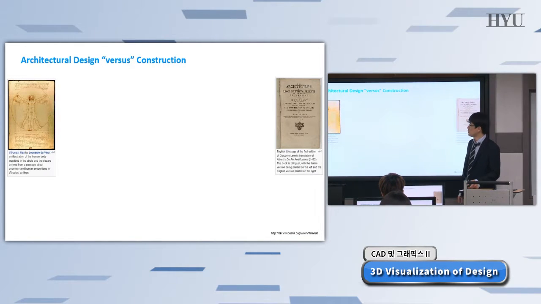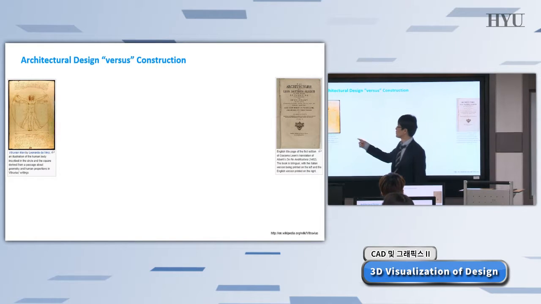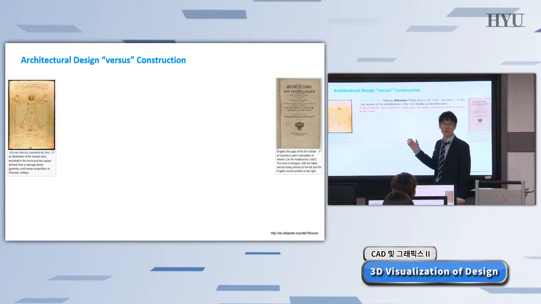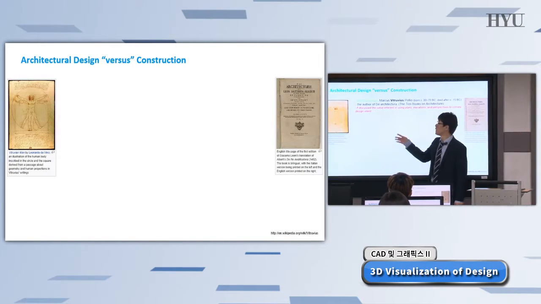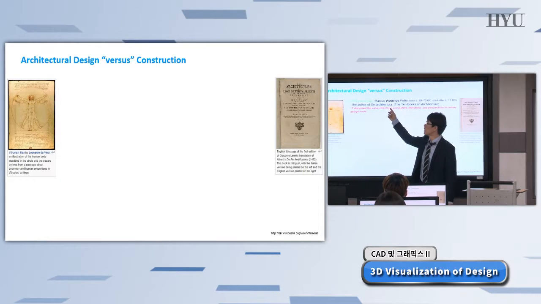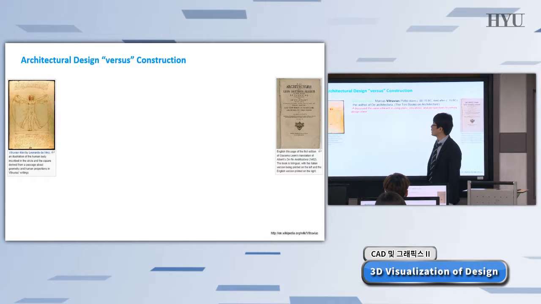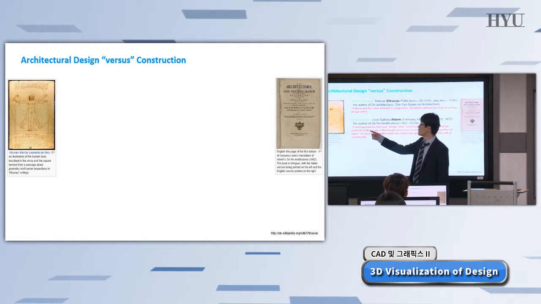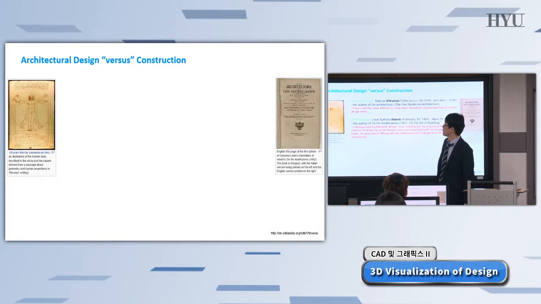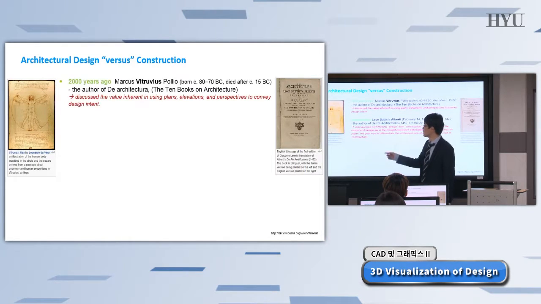The first thing, as you know, the basic style of architectural drawings was invented by Vitruvius, okay, 2,000 years ago. In the Renaissance in Europe, Leon Battista Alberti mentioned and distinguished architectural design from construction, okay?